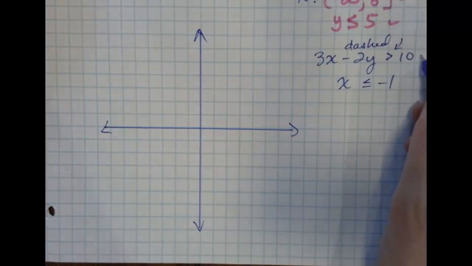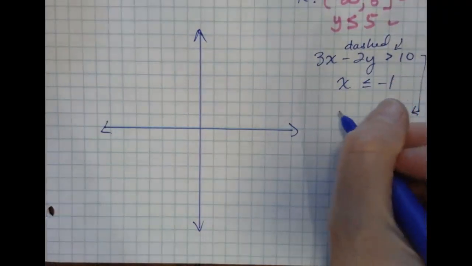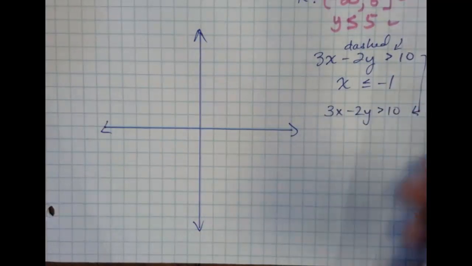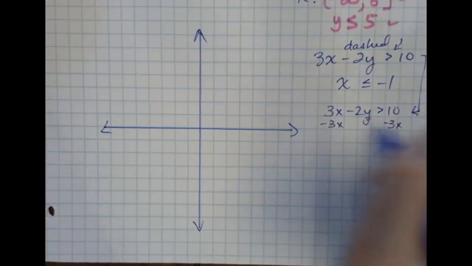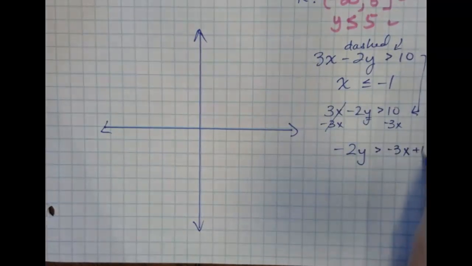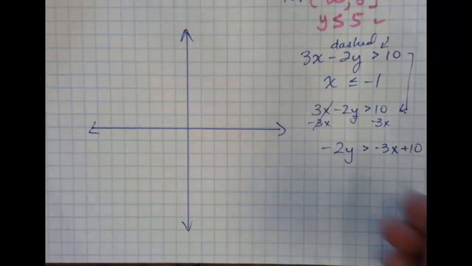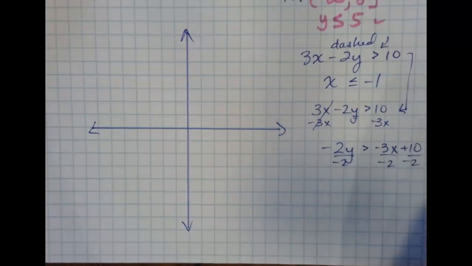And I think the first thing I'm going to do is drag it right down here because we need to solve it for y, get it in slope-intercept form. That's the easiest way to graph. So if we want to solve for y, we will subtract 3x and get -2y is greater than -3x plus 10. Next, from here, we are going to divide everything by -2.